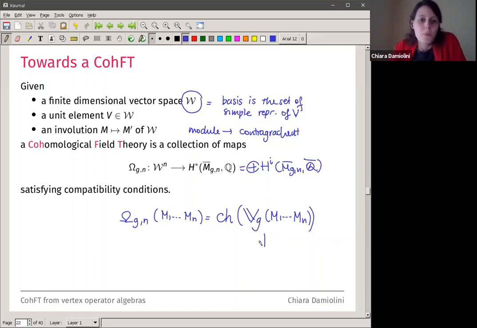Yes, and if you don't know what the Chern character is, it's okay. You can imagine that we just care about the rank of these spaces, so the dimension, if you want, of a fiber. And we already see that at this moment, we don't even know whether this is finite.